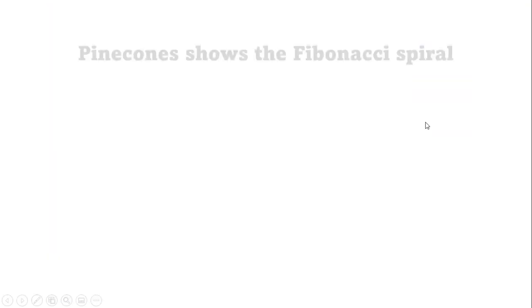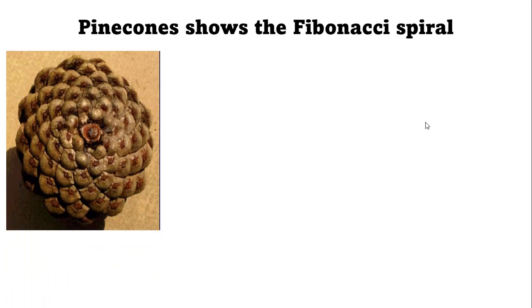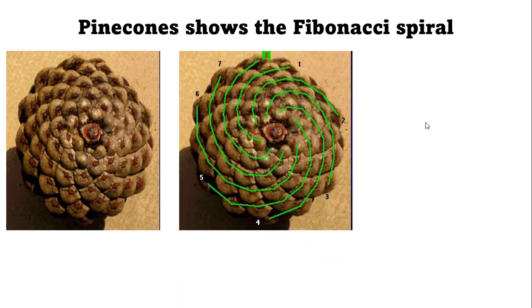Pine cones also show the Fibonacci spiral. Okay, these pine cones. If we're going to look at the arrangement, you'll see that it is in a spiral form. So this is 1, and of course 2, 3, and so on and so forth.